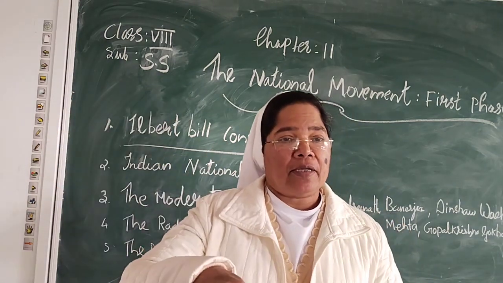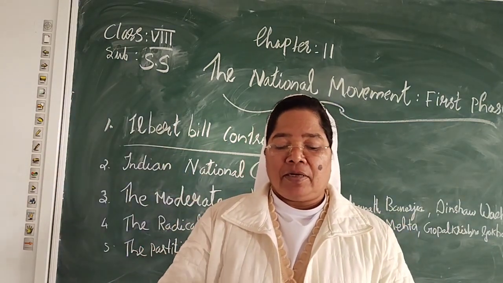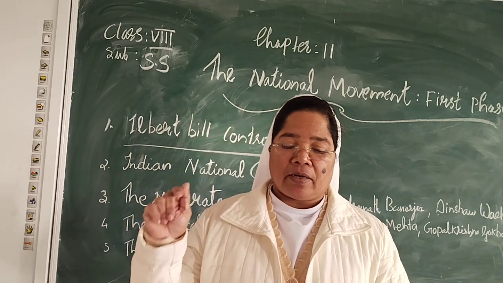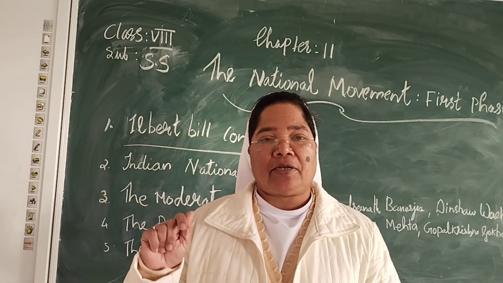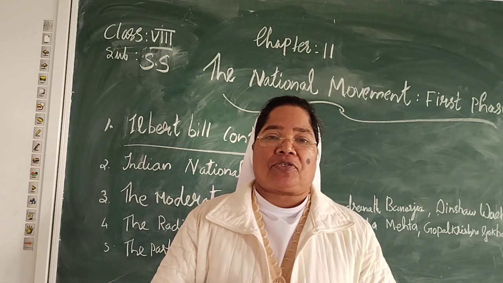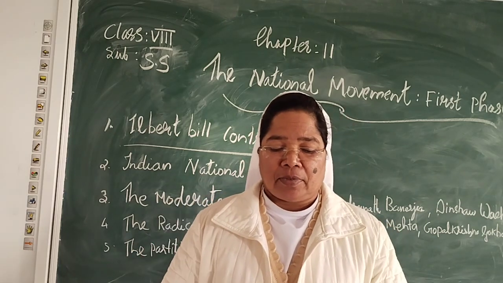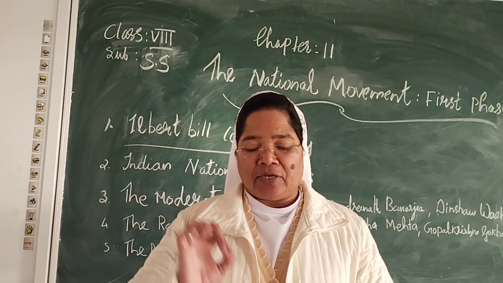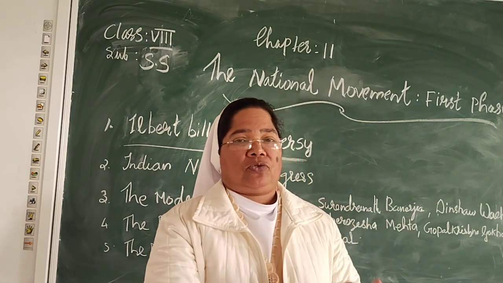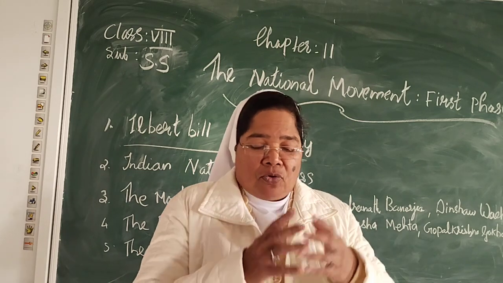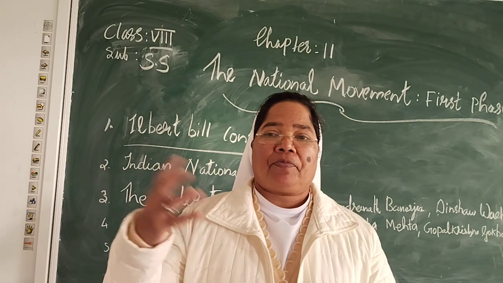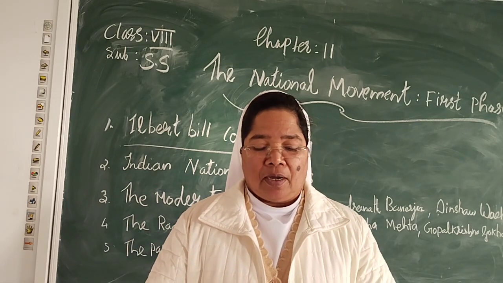They wanted the economic policies of the government changed for the benefit of Indian industries, and the drain of Indian wealth to Britain stopped. All this they wrote as points to submit to the government.